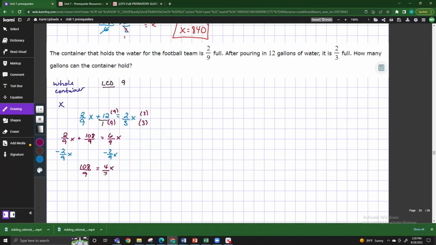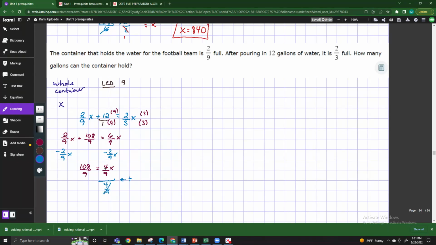Now that X can either go after the fraction or on top of the fraction. To solve this, you could keep it on top of the fraction and cross multiply, or what we're really doing is we're dividing by that coefficient. So we're going to go divided by, and on this side I am going to do it as a divided by with a fraction. I know it's a complex fraction, meaning a fraction over a fraction, but this just means divided by.